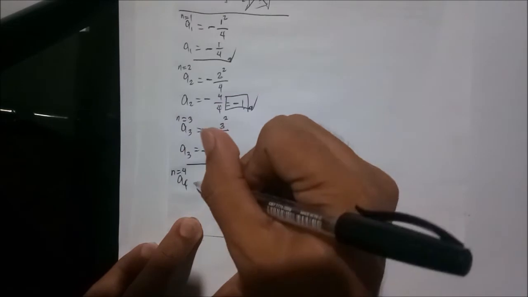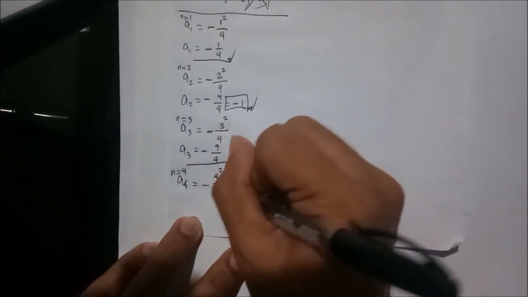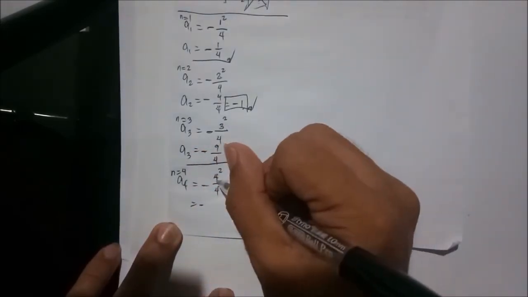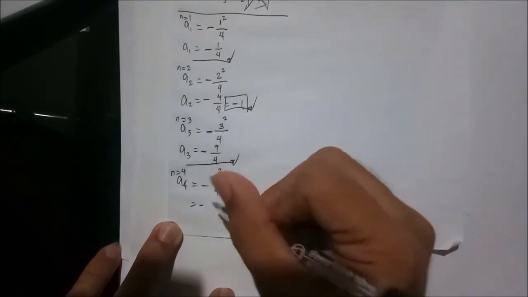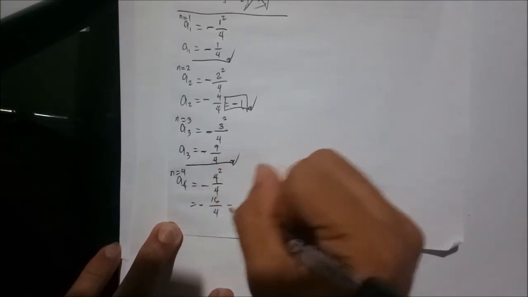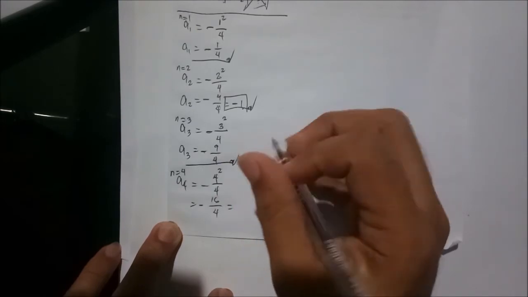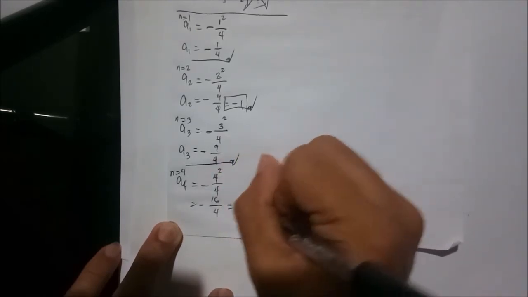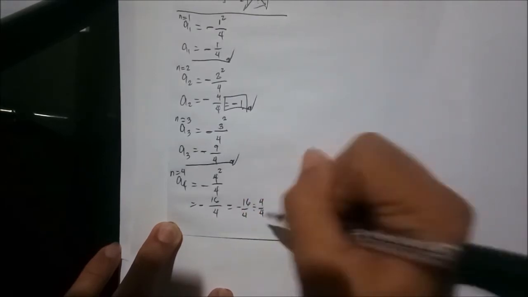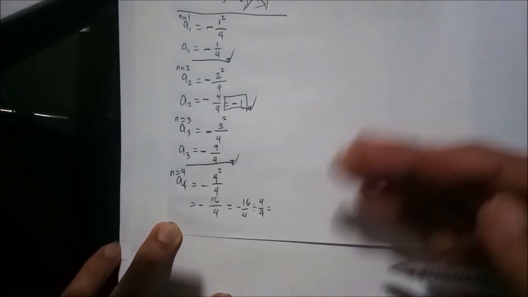Now let's proceed to a sub 4. N equals 4. Negative 4 to the power of 2 over 4 equals 16 over 4. Let's simplify. If your fraction needs to be simplified, simplify it.